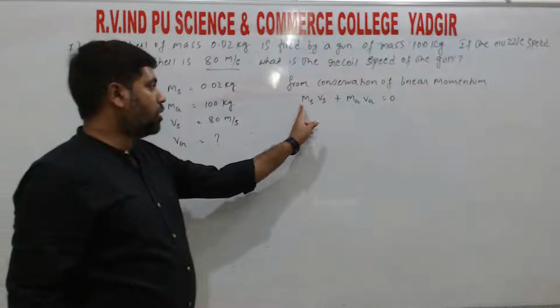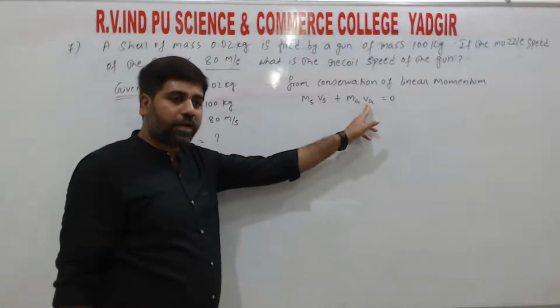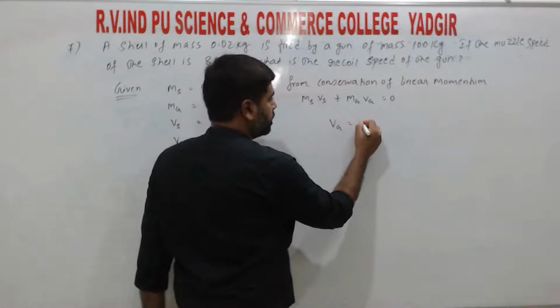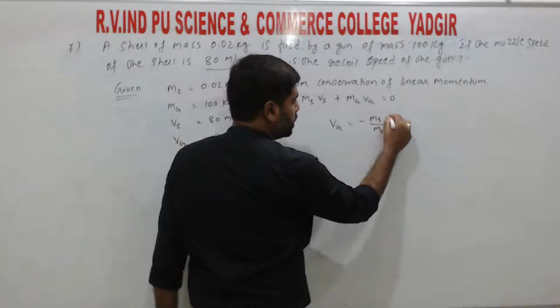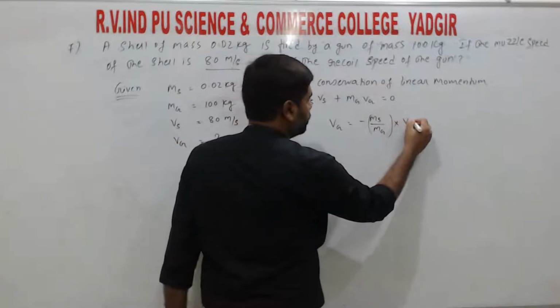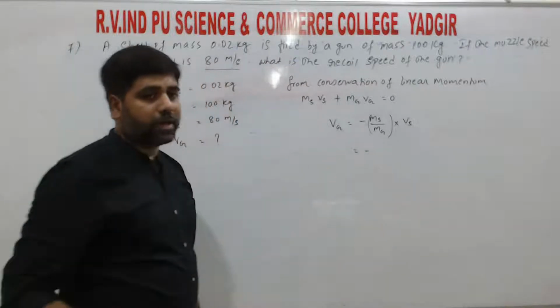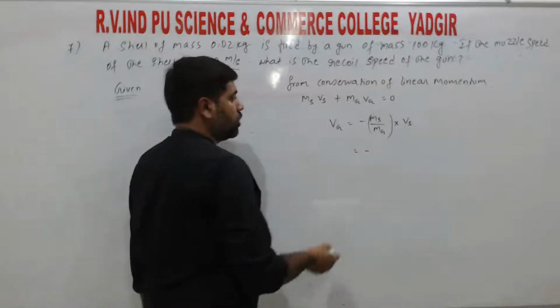So ಇಲ್ಲಿ ನಮಗೆ mass of the shell ಕೊಟ್ಟಿದ್ದಾರೆ, speed of the shell, mass of the gun. So we need to find the velocity of the gun, right? So velocity of the gun, that is equals to minus mass of the shell by mass of the gun into speed of the shell. So ನಮಗೆ final answer ಅಲ್ಲಿ minus ಬರಲೇಬೇಕು. If it is plus means again the answer will wrong.